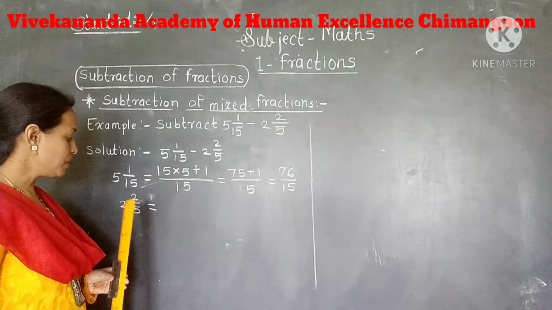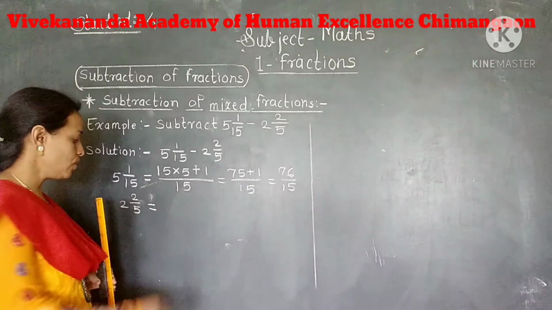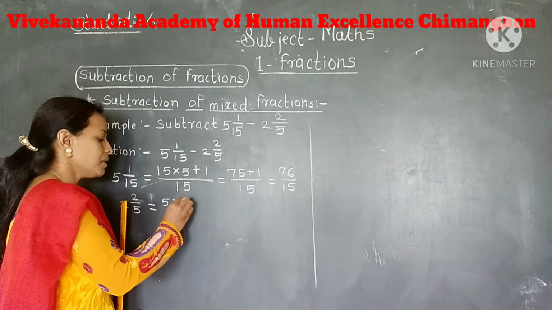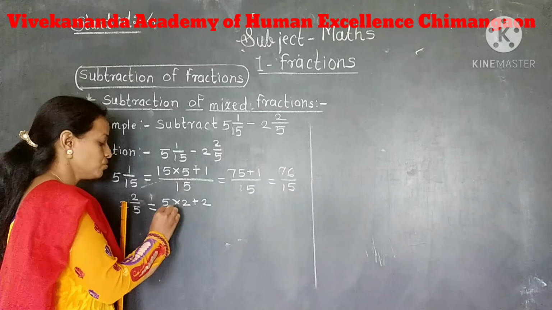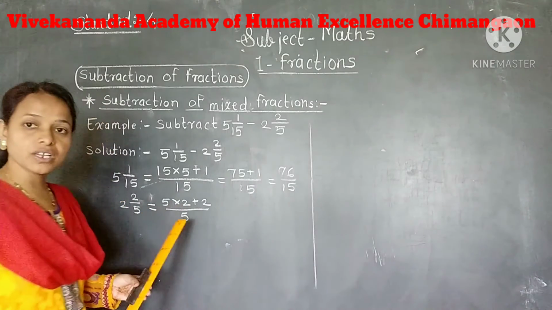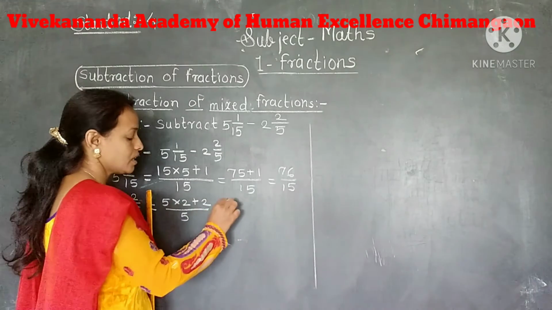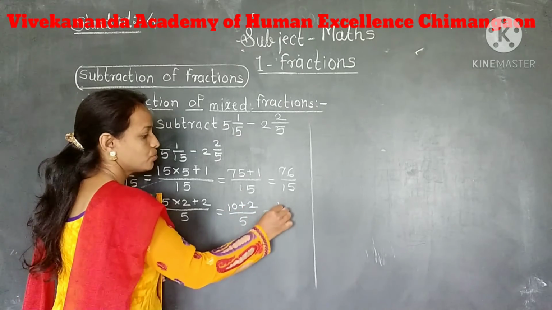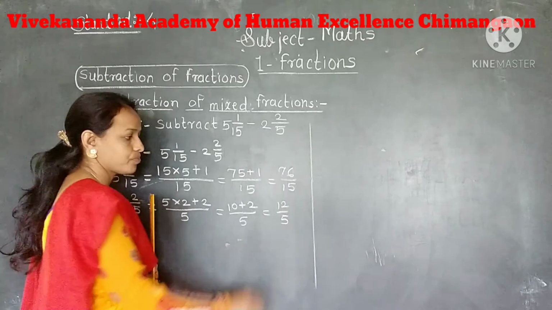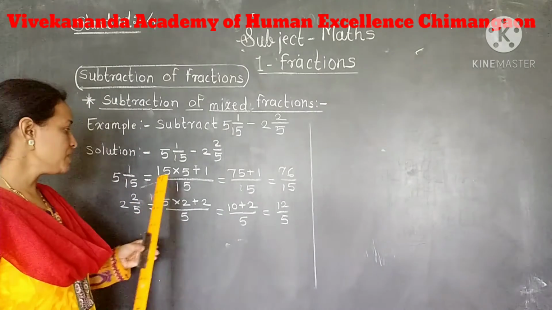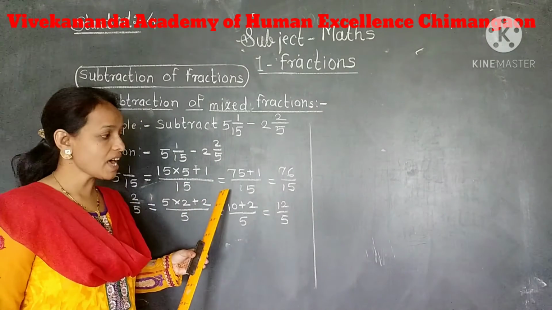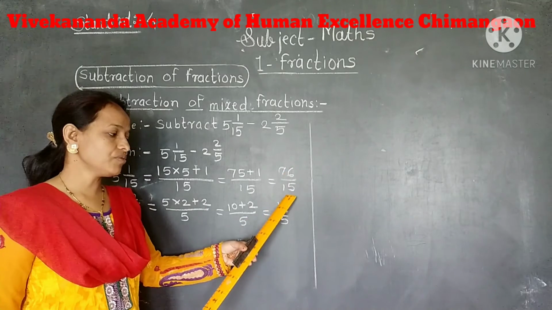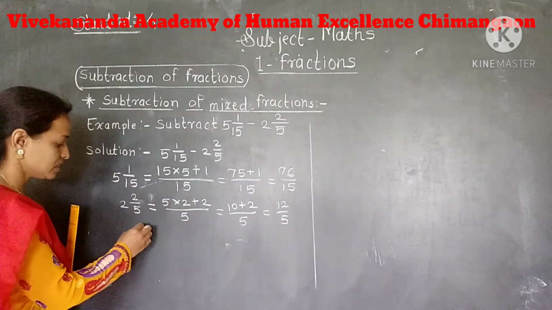Here also we multiply the denominator with the whole number. 5 multiplied by 2 plus 2 upon 5. 5 2s are 10 plus 2, 12 upon 5. So student, here we converted the mixed fractions into improper fractions as 76 upon 15 and 12 upon 5.